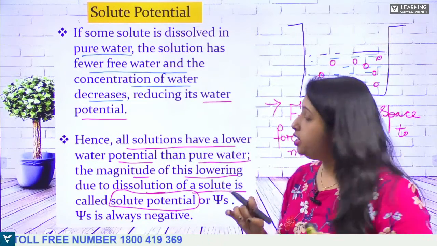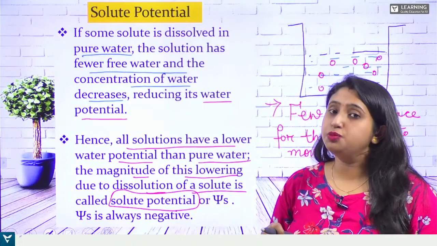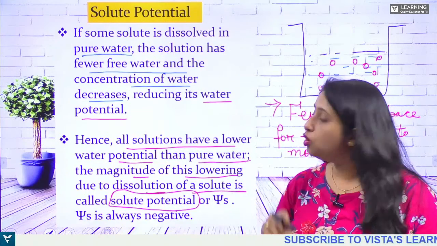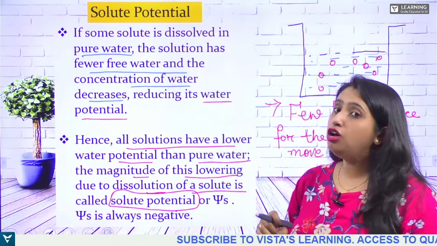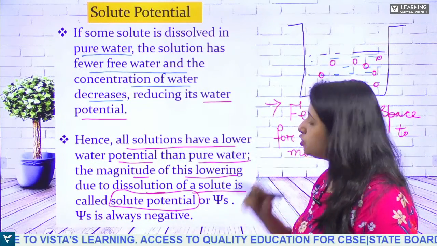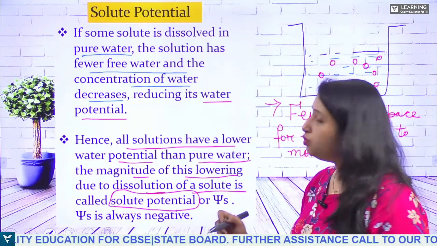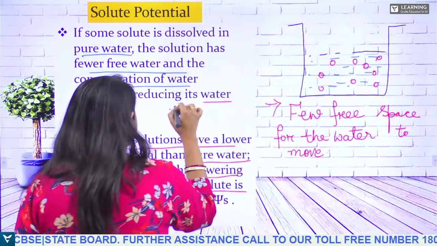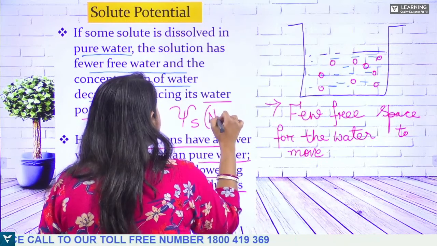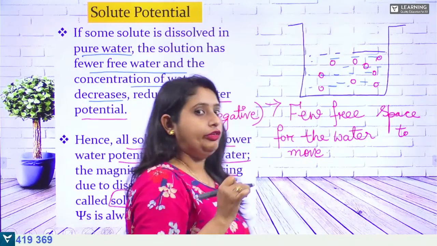That is known as solute potential, which is lower than that of pure water. It is denoted by the symbol psi s, and it is negative. Solute potential is always negative. Is that clear?